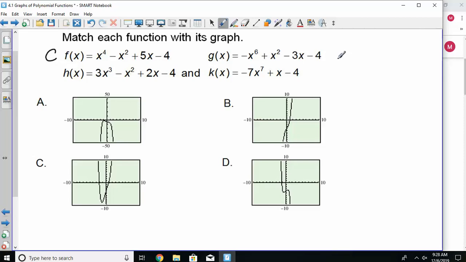So it would be A. Okay, the next one, what's this look like? Regular chair, down, up. So that would be B. Last one. What would it be? It's a chair flipped, so it's up, down. So that's D. Okay, so you can now use your end behavior to kind of pick out which graphs are possible.